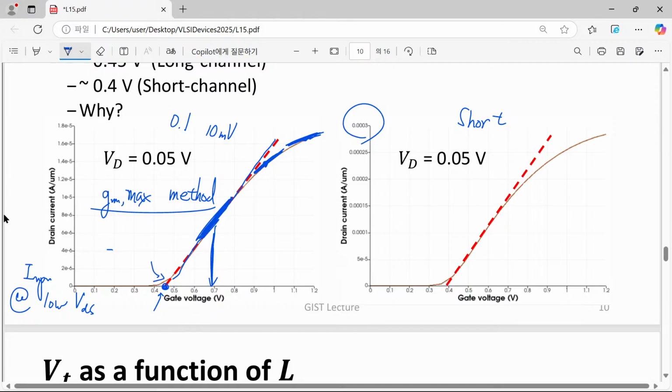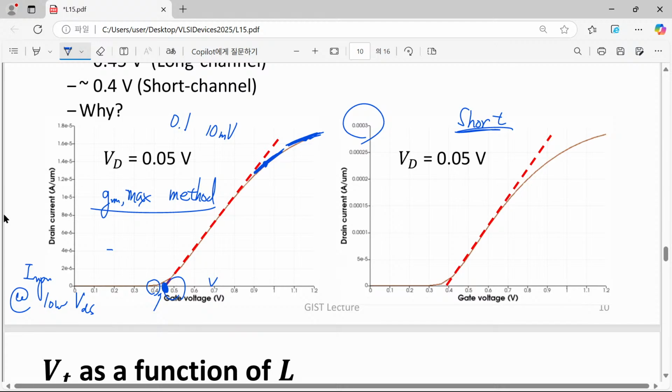And if you follow this GM max method, then you can find that, okay, this is corresponding to the threshold voltage of our long channel device. Maybe it is around 0.45, I guess between 0.4 and 0.5. And when we go to our short channel device, we did it once again.